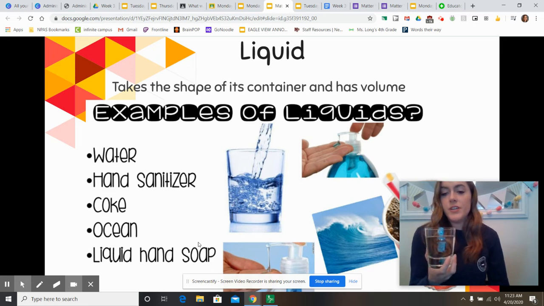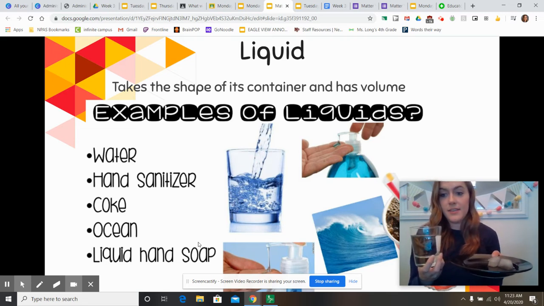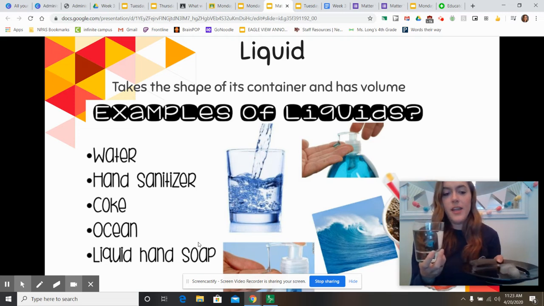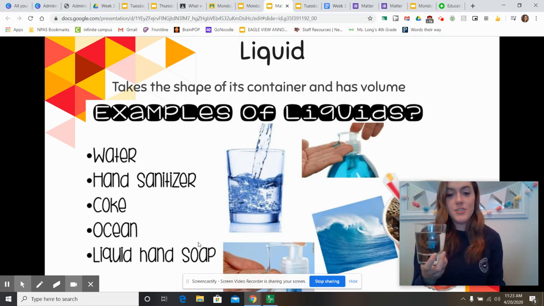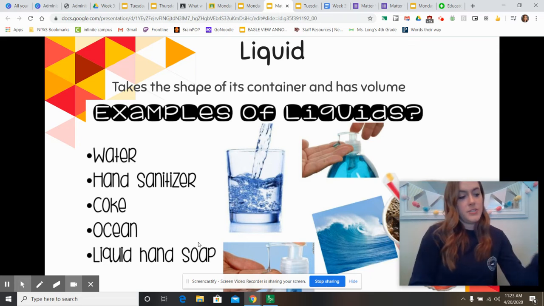So for instance, this plate has ice cubes on it. If I decided to spill this water on this plate, it would start to flatten out and take the shape of the plate. If I put this into a squirt gun, it would take the shape of the squirt gun. So no matter what, any type of liquid will take the shape of its container and has volume.